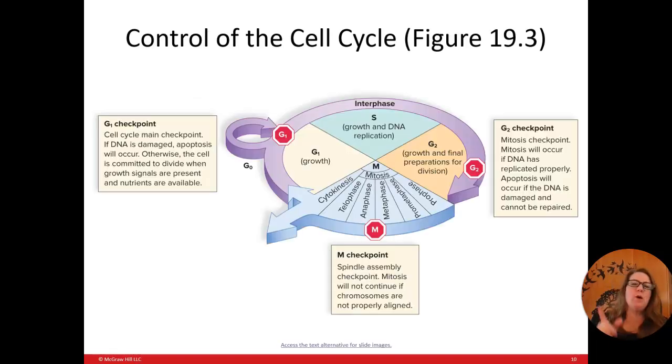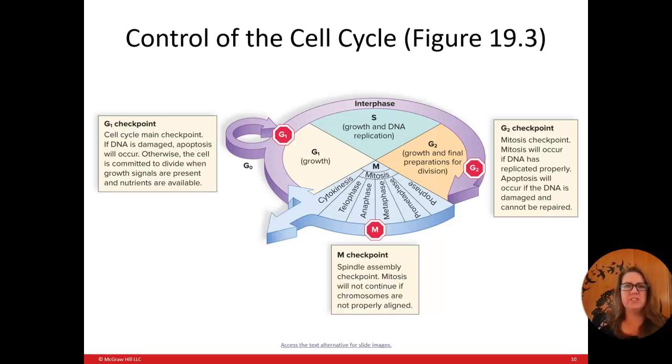All right, so now let's go back just for a moment and take a look at some checkpoints. What you see here is these stop signs. What you should know is that there are checkpoints during cell division to ensure that everything is going as it should. So when we think about cells unnaturally dividing or overly dividing, we're often thinking about situations such as cancer.